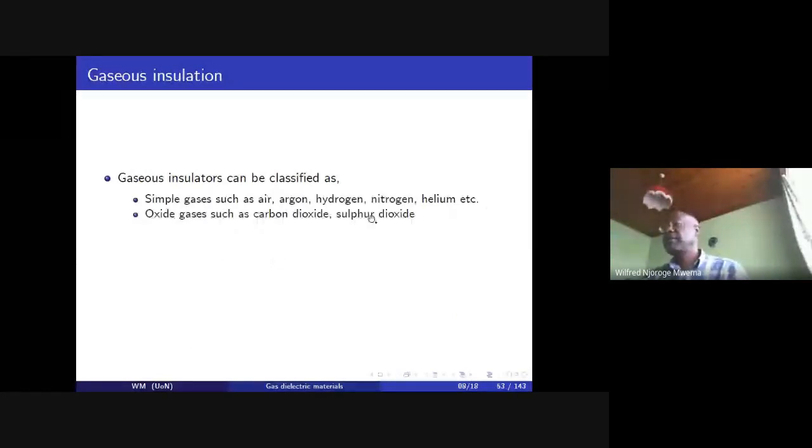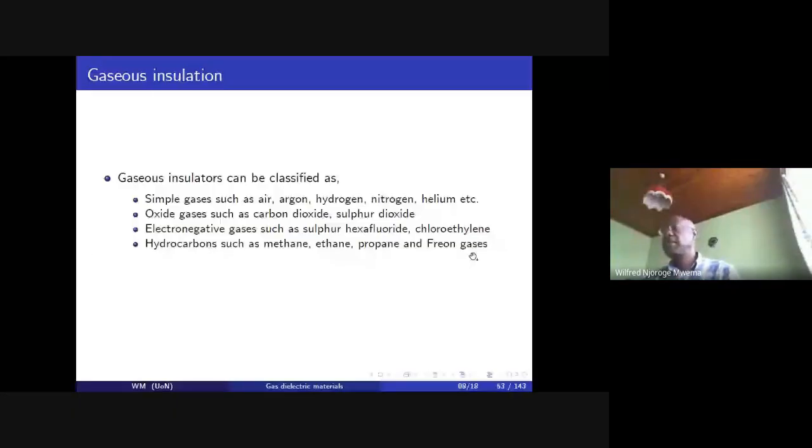Oxide gases such as carbon dioxide, sulfur dioxide, etc. Fluorides, with sulfur hexafluoride being the most important insulating material in high voltage applications. Freon gases, we know that this one is non-explosive and non-inflammable, and therefore they are used.